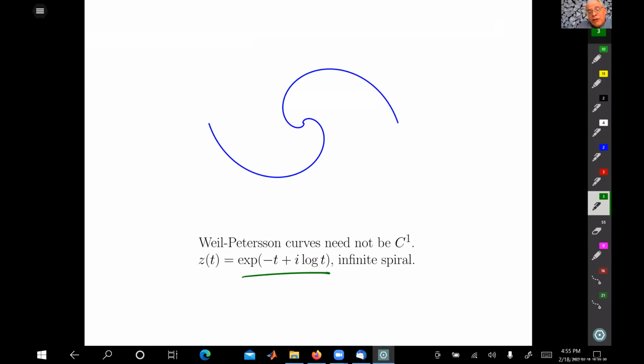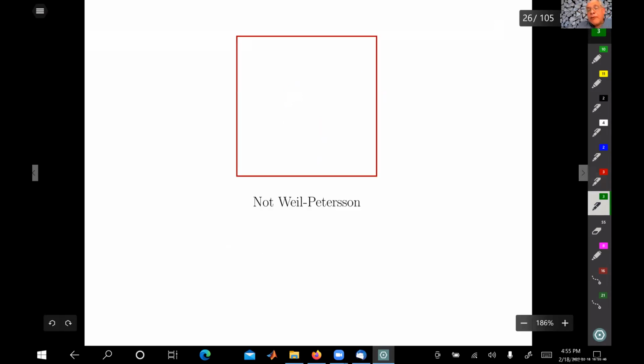So unfortunately, the Weil-Petersson curves are not quite in C1. They don't have to have a tangent at every point. Again, we're going to come back and talk about this later on. This slide is going to be mentioned a little bit later. On the other hand, a very innocuous curve like the square is not good enough to be Weil-Petersson because it doesn't have this asymptotic property.